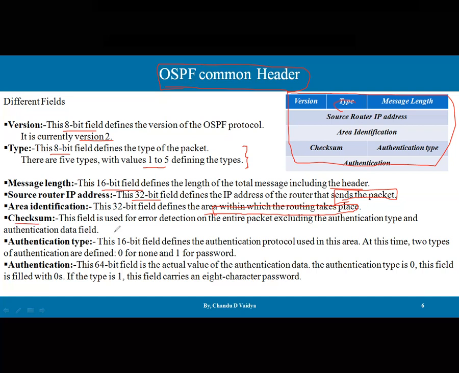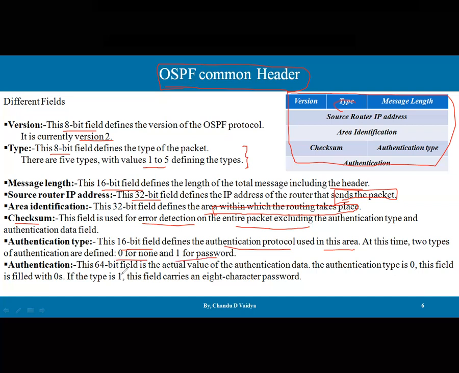Then there is the checksum. This field is used for error detection on the entire packet, excluding the authentication type and the authentication data fields. Then authentication type, a 16-bit field, defines the authentication protocol used in this area, through which protocol the authentication is done, such as message digest MD5, etc. At this time, 2 types of authentication are defined: 0 for none and 1 for password.